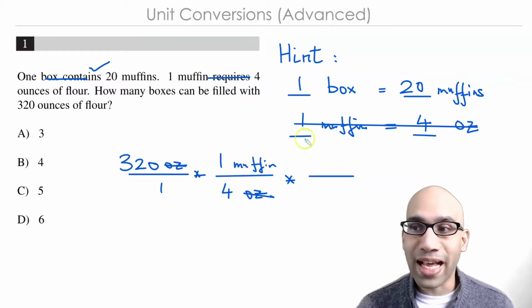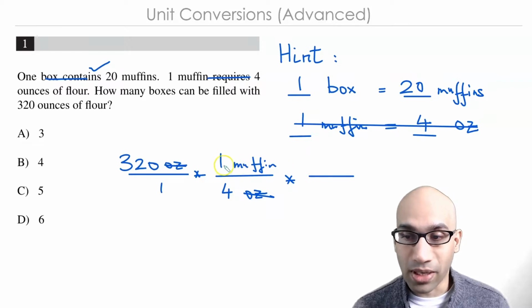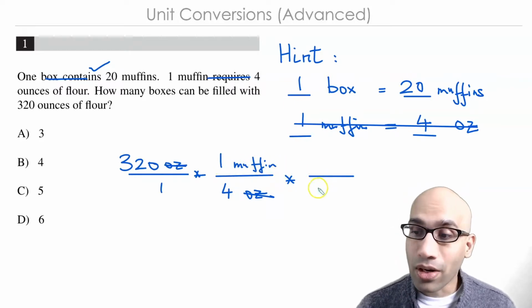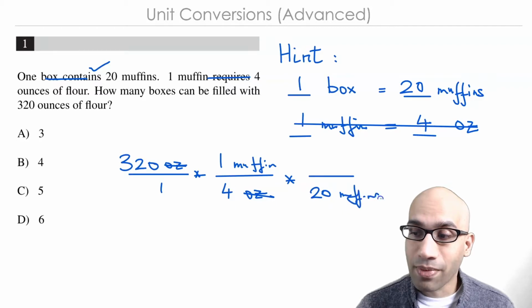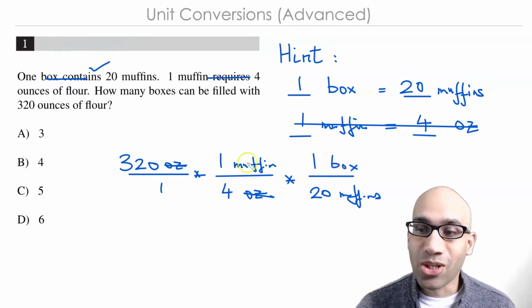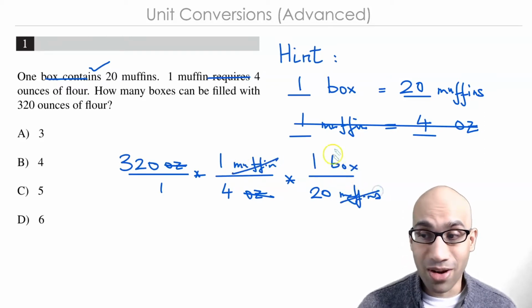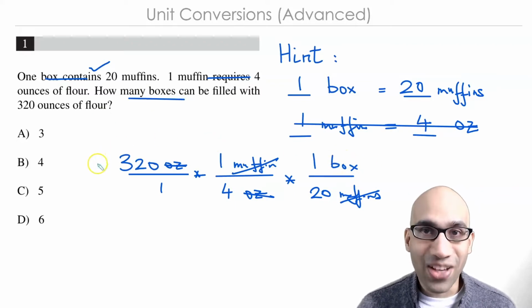You're left with muffins now. Now look at the other equation. Of course, you've got 20 muffins is one box. So because you've got muffins in the numerator, you're going to write down 20 muffins in the denominator here. And corresponding to 20 muffins is one box right over here. So muffin and muffin cancel out. Note that as promised, you are left with just a box, and that's exactly what they're asking for.